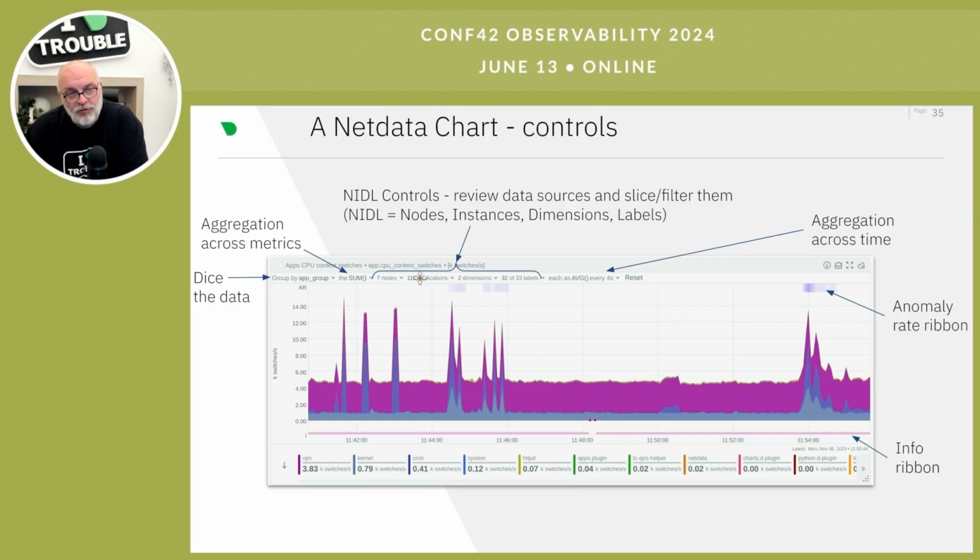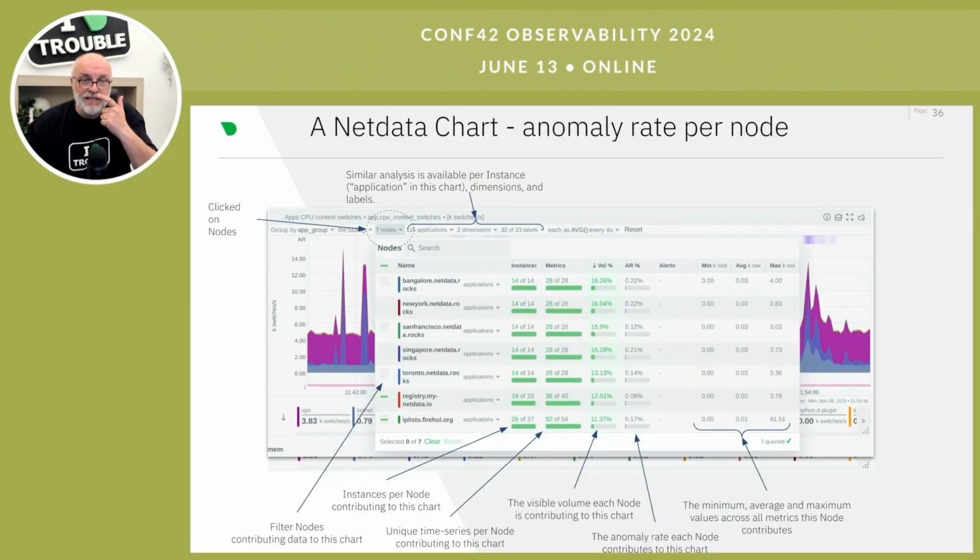Now, the whole point of this ribbon is to allow people to grasp what the source is. Let's see it. In this case, we click the nodes. When you click the nodes, this drop-down appears, and it explains the nodes the data are coming from, the number of instances and metrics each of the nodes provides to this chart, and then the volume contribution of each node.